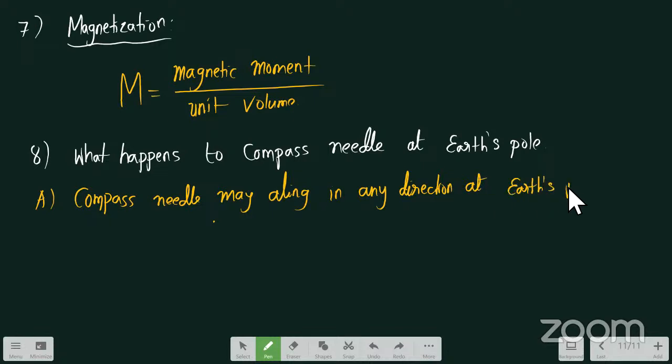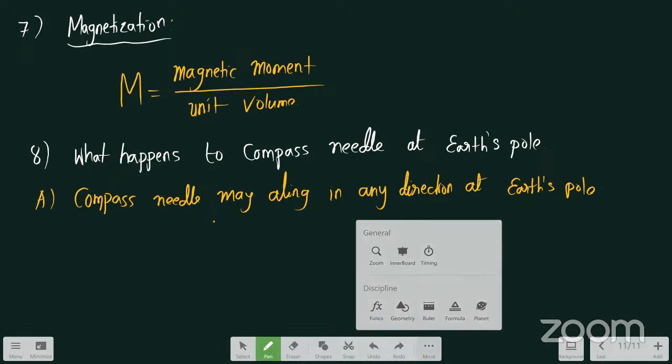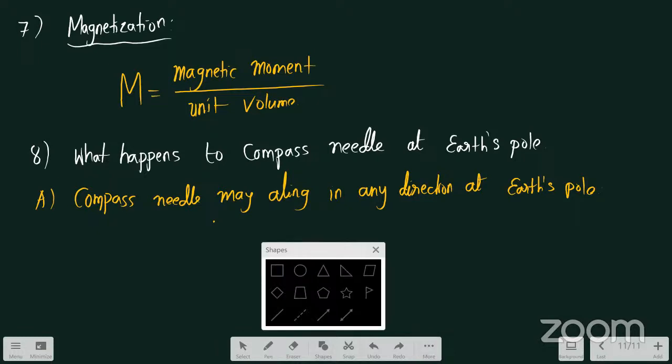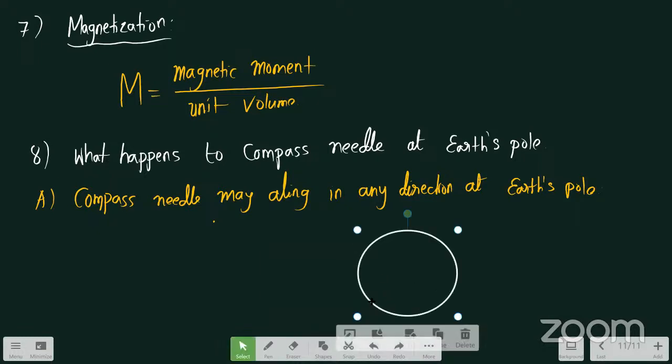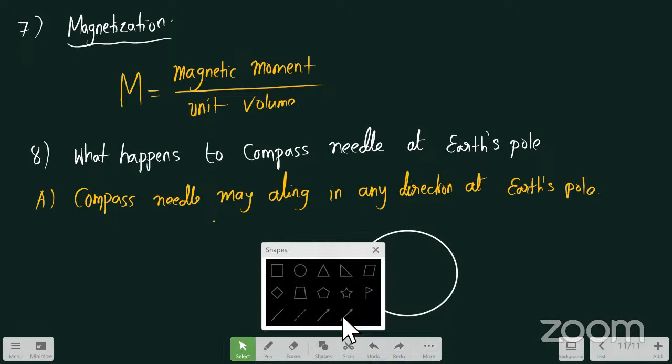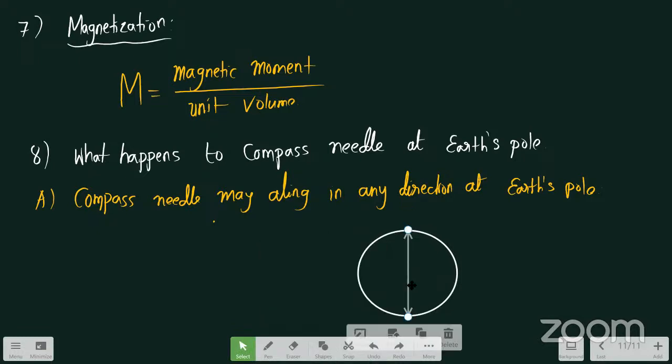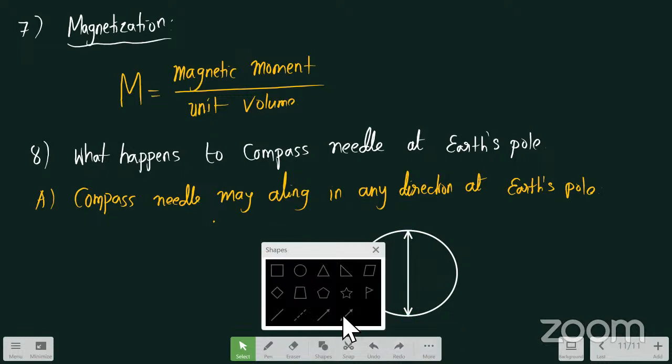See here, when we consider a compass, we'll be taking only the horizontal direction. Let us consider this to be Earth's surface. Here we'll be having north and south pole, and here we'll be having east and west.